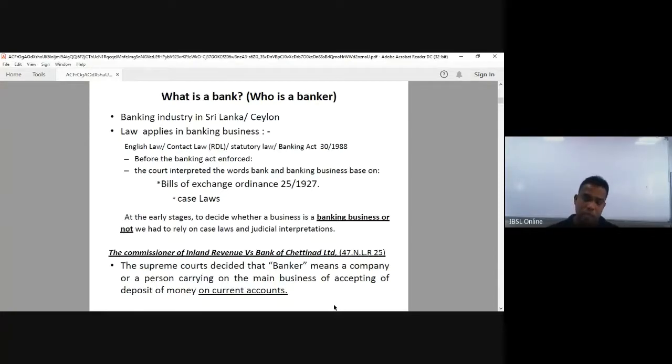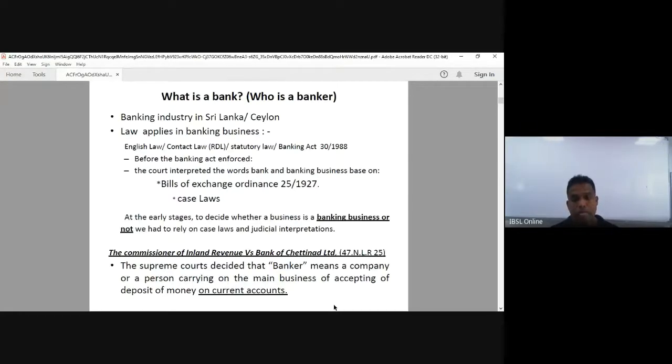Then this company went to court and filed an action against the Inland Revenue Department. The argument is that we are doing a banking business, we are registered as Bank of Chettinad Limited, and our name also shows that we are a bank. Therefore, we have to be considered a bank and we are entitled to the concession.